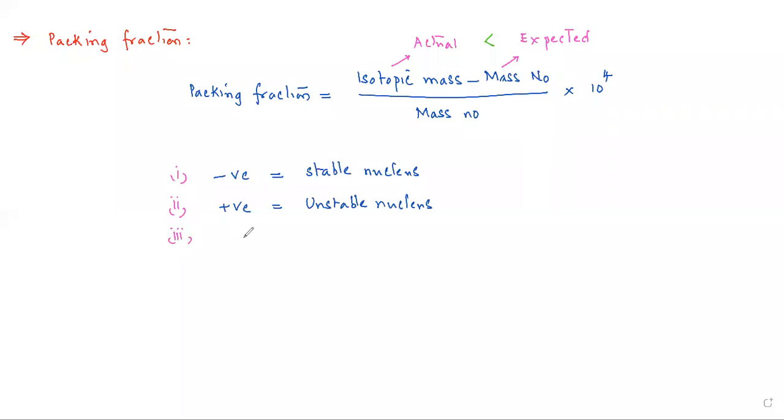And finally, packing fraction is taken as 0 for carbon. Okay, for carbon 6 12, it is taken as 0 as a standard or reference. Okay, these all are the factors that influence stability of the nucleus.